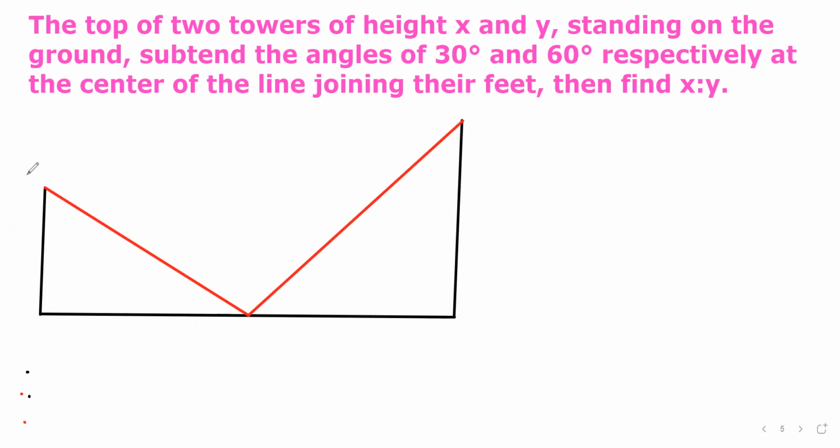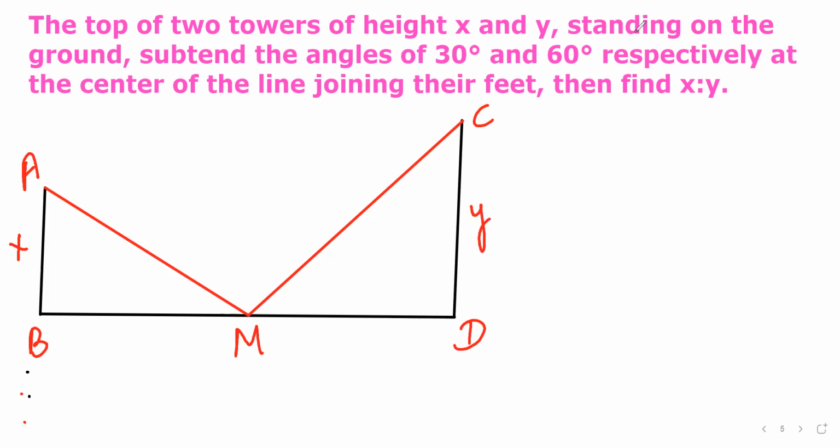Okay, now I'll call it as A, B, and let me call it as M, C, and D. Height of the first pole is taken as small x, and height of the another pole is taken as y.